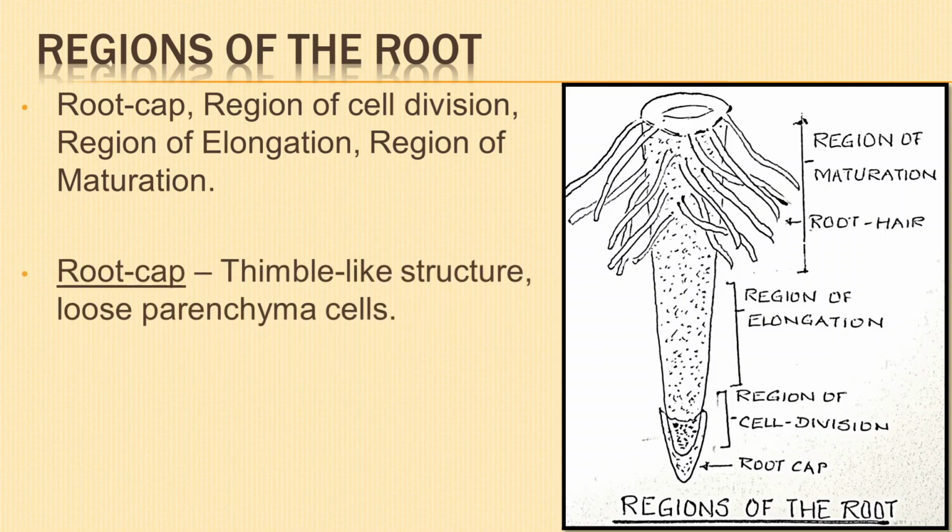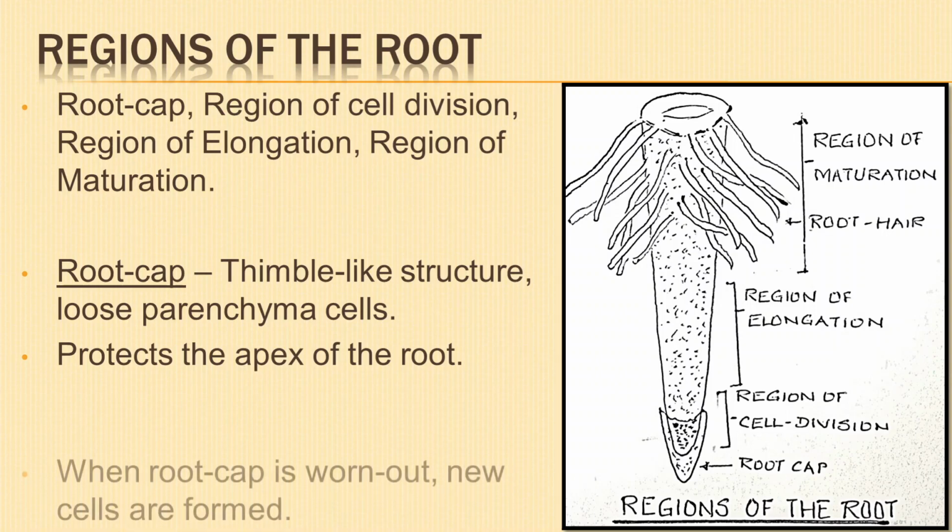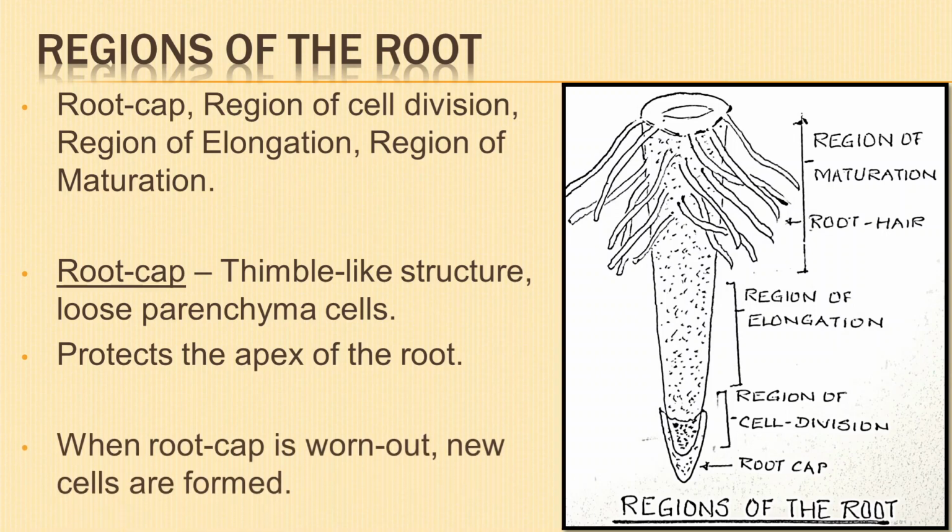Root cap: it is a thimble-like structure made up of loosely cemented mass of parenchyma cells that protect the tender apex of the root as it makes its way through the soil. The root cap protects the growing point against friction from soil particles. When it gets worn out, new cells are formed and added to the meristem of the root cap.